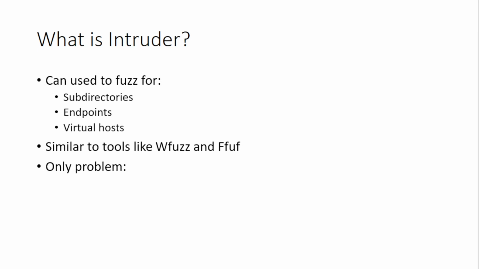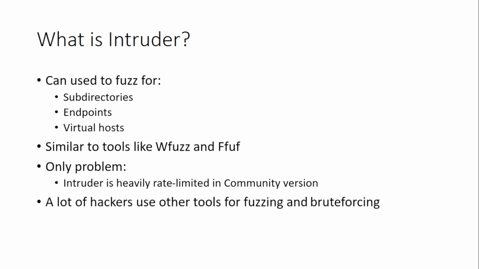However, there's one problem, and that is Intruder is heavily rate limited in the community version. So if you want to use it at its best, you need to go for the Burp Pro version to do the fuzzing or brute forcing, but you can use other tools for fuzzing and brute forcing like the ones that we talked about, like wfuzz and ffuf.